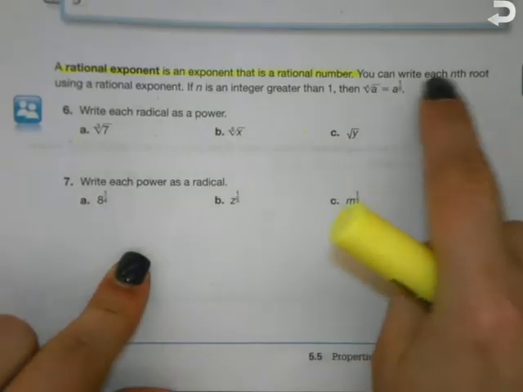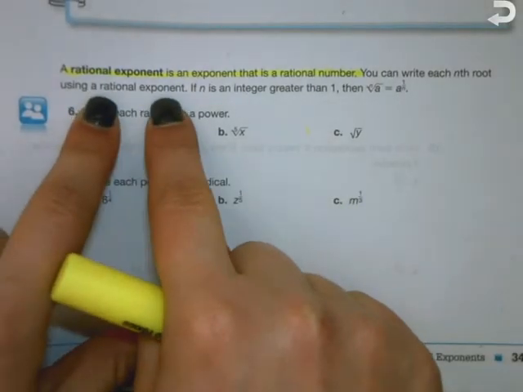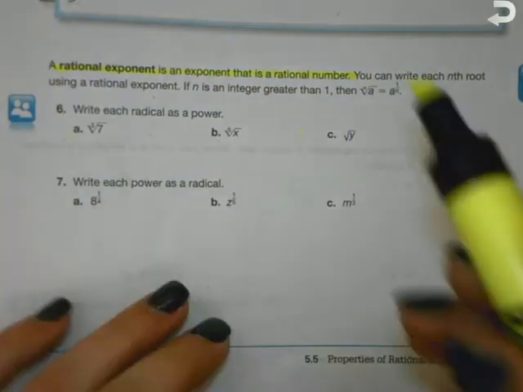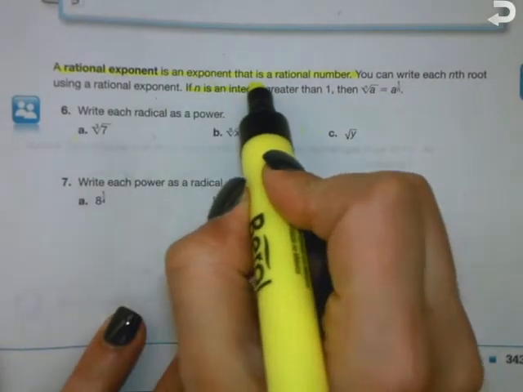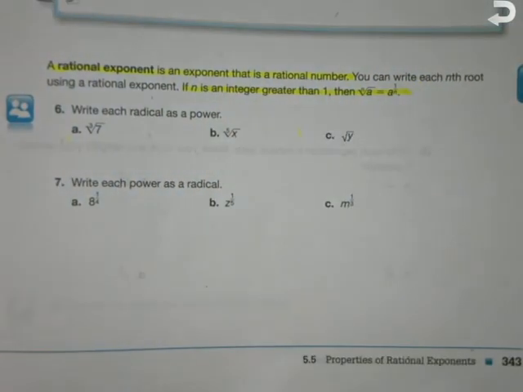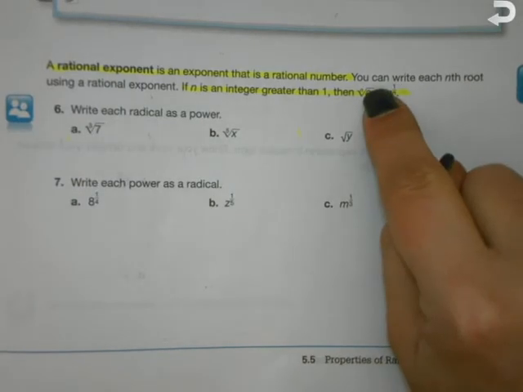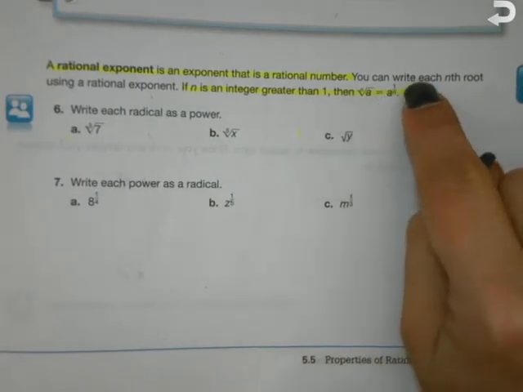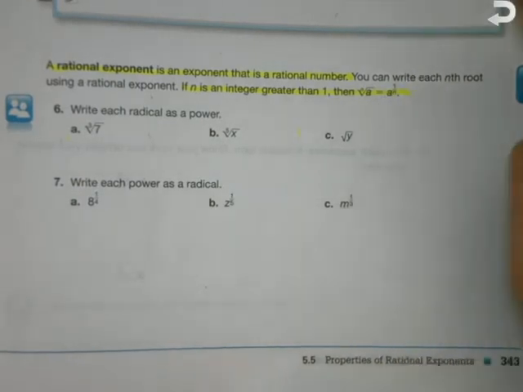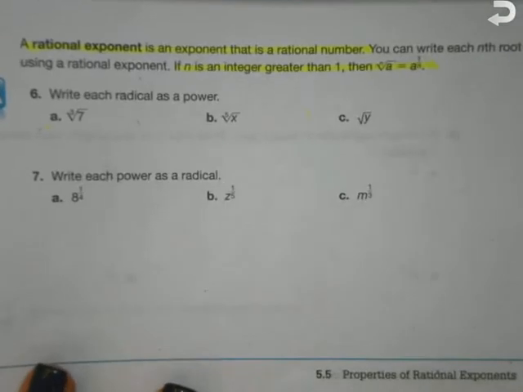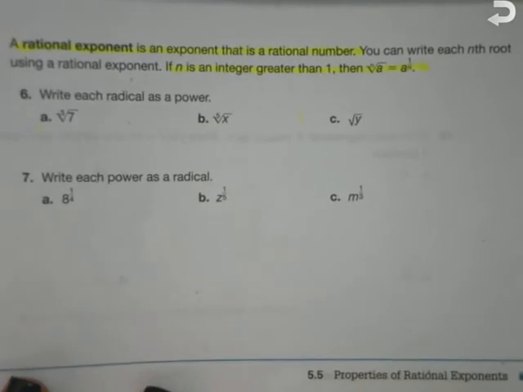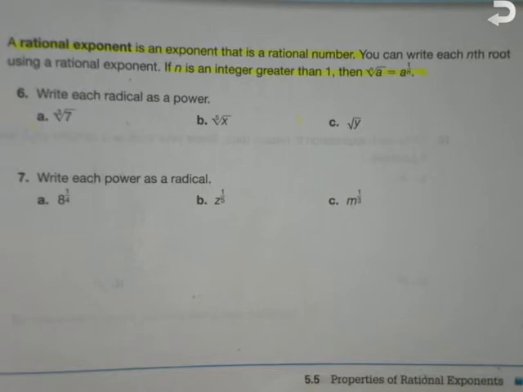You can write each nth root using a rational exponent, and then here's also what I want you to highlight. If n is an integer greater than 1, then the nth root of a equals a to the 1 over n. Okay? So we're going to be going back and forth between forms now. So highlight that in your books, please.